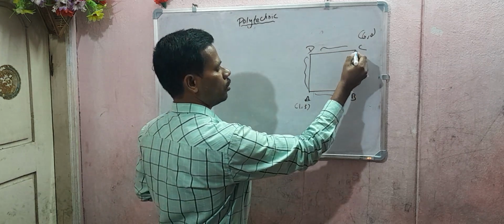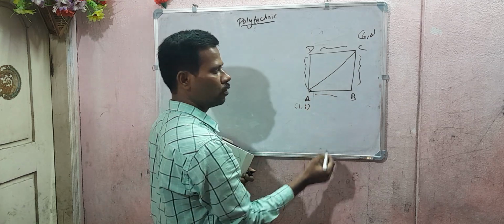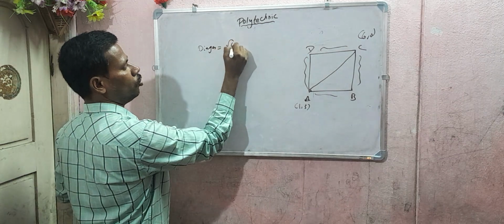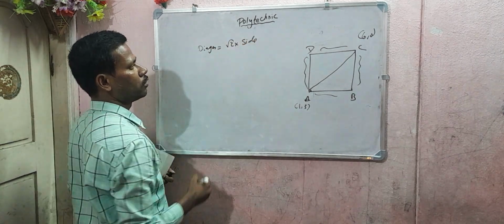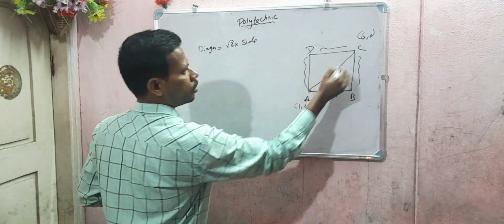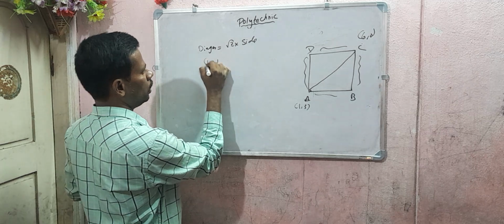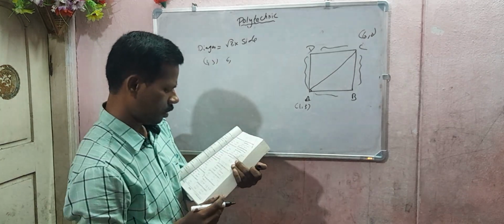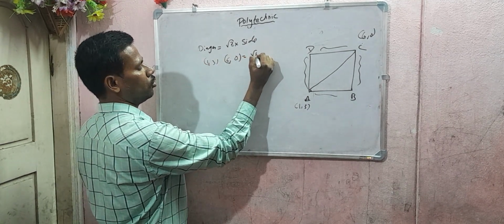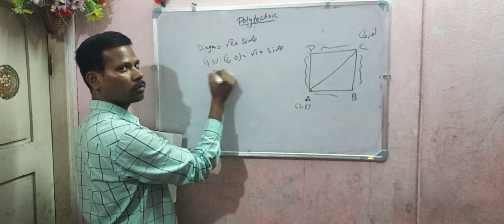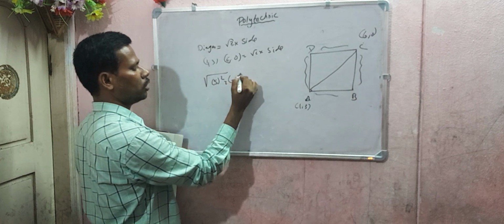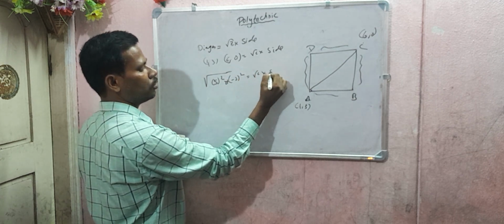Simply you need to do: diagonal of a square is root 2 times the side. So here diagonal is which one? This one. So 1, 3 and 6, 0. Diagonal is equal to root 2 into side. So this is nothing but distance formula you apply. 6 minus 1 is 5, 0 minus 3 is minus 3, whole square is equal to root 2 into side.